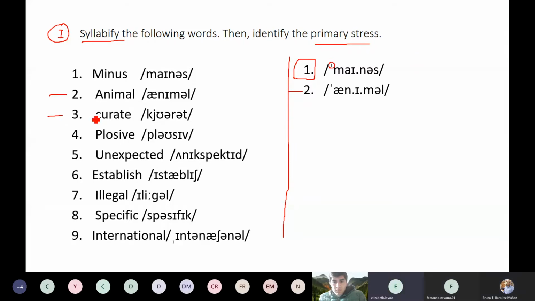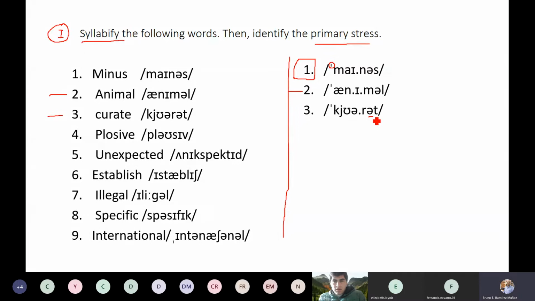So I think it has 2 syllables, curate, and the primary stress goes in the first syllable. Alrighty, thank you so much, Elizabeth. Curate. Interesting word, right? Does it make sense?